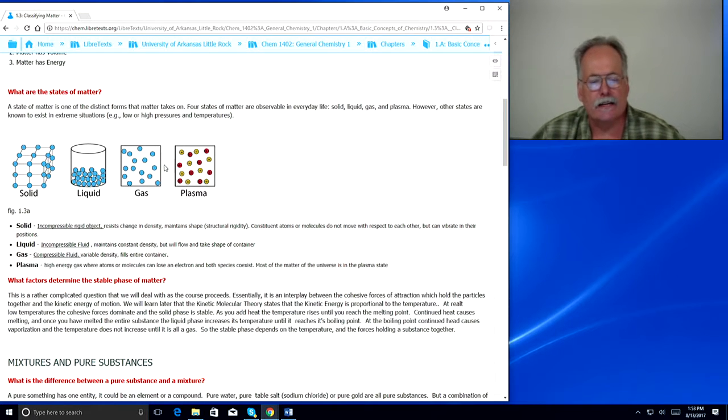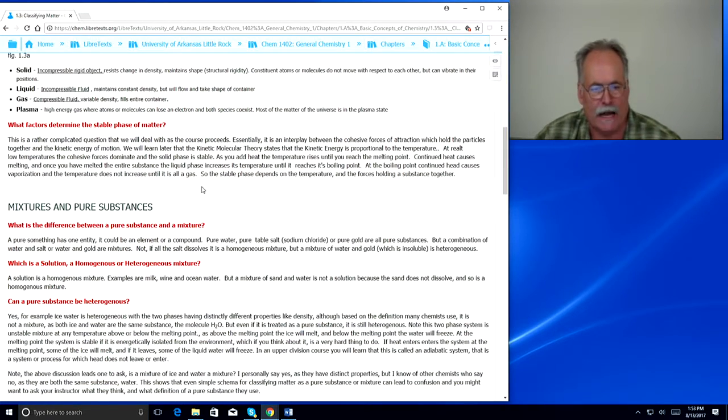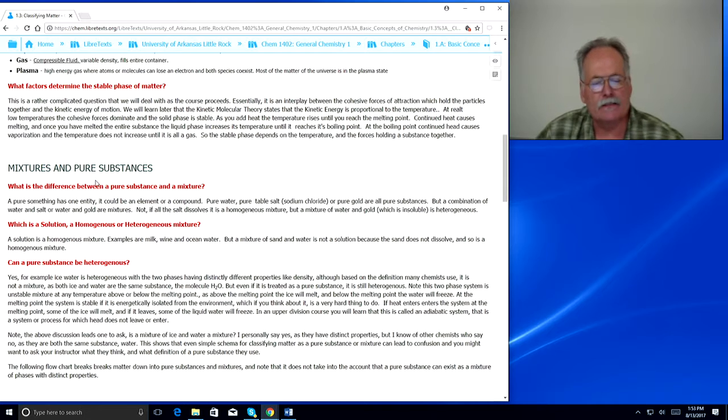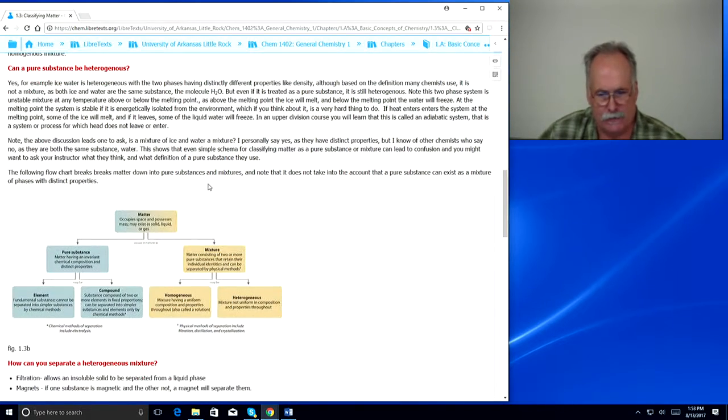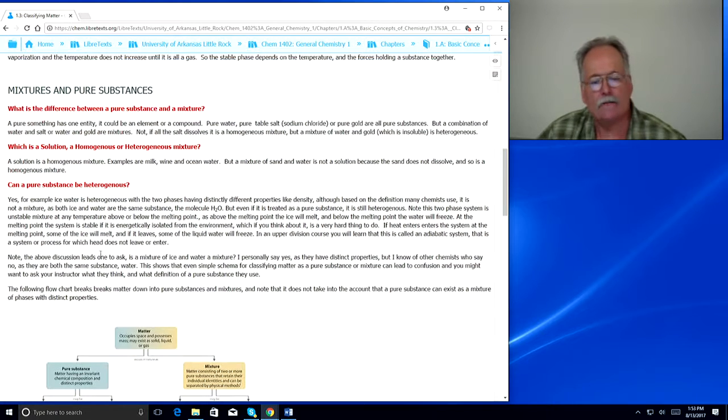You need to understand the phases of matter, that is the solid, liquid, gas, and what is a plasma phase, okay? You need to understand mixtures and pure substances, and there's a hierarchical tree here that describes this, and recognize that mixtures can be of the same or different form, homogeneous or heterogeneous. And you need to understand how to separate mixtures, okay?